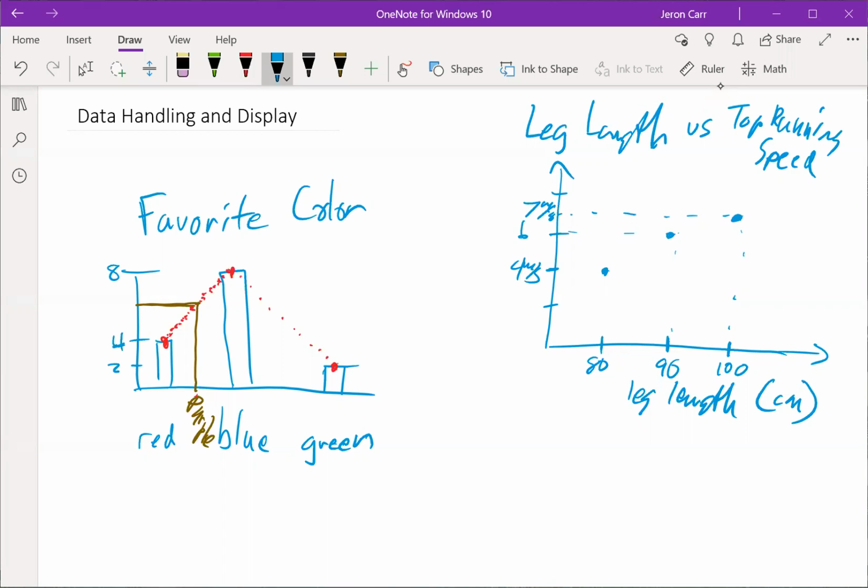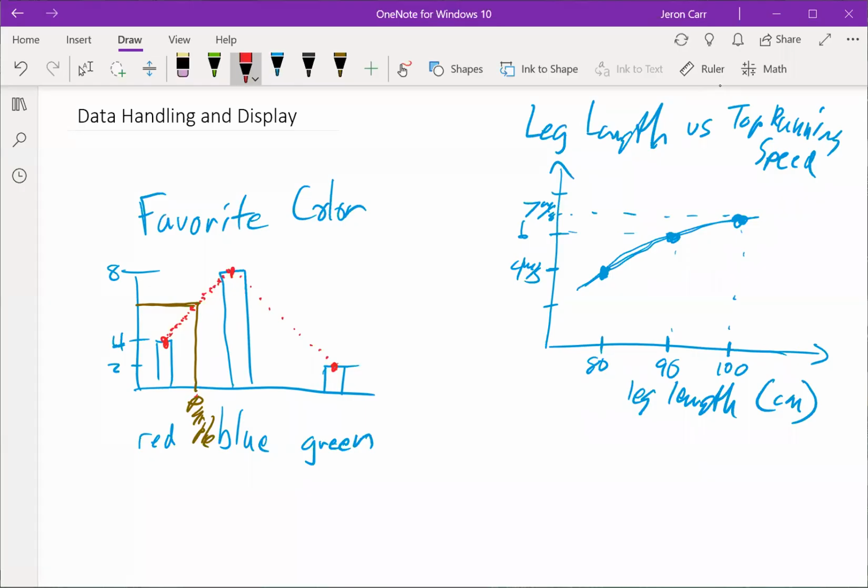How would I display this data? Well, the answer is, in this case, I absolutely would connect the data together with a line. And the reason that I would do that is, even though I only collected data for 3 leg lengths and really carefully measured people that had 3 different types of legs, if you were to ask me, okay, that's an interesting experiment, but my legs are 85 centimeters long, how fast would you expect me to be able to run?